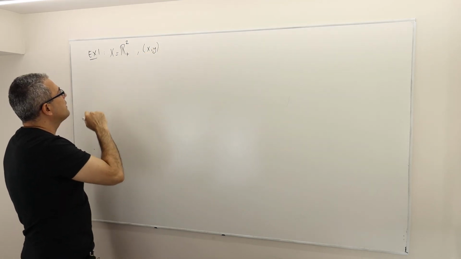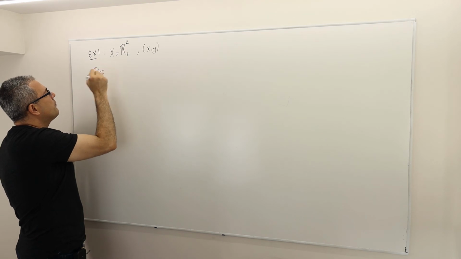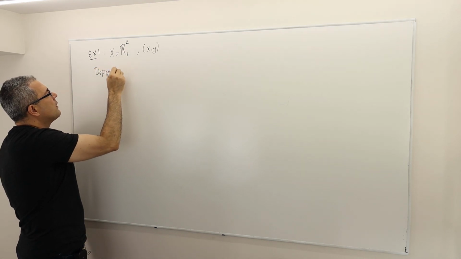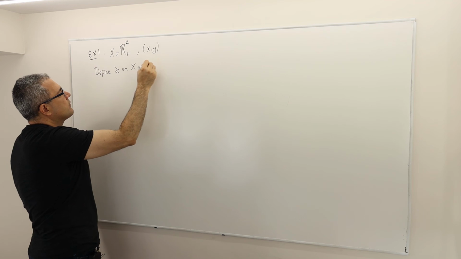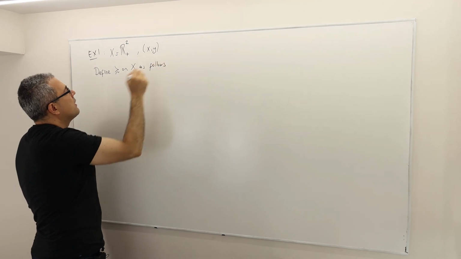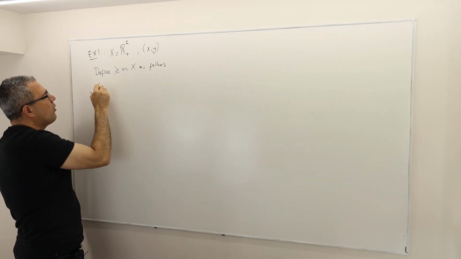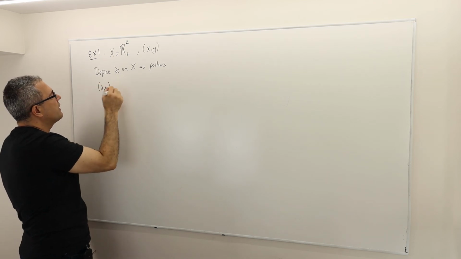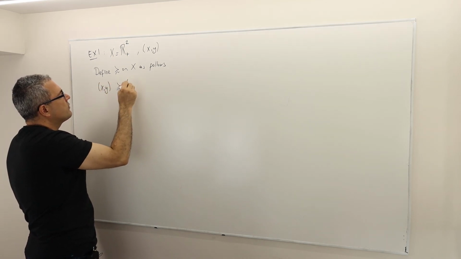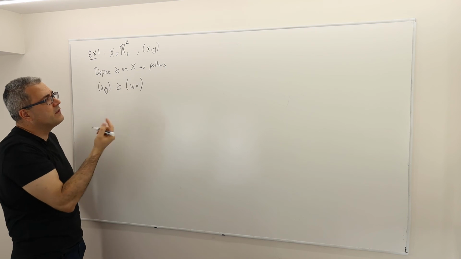I'm going to define the following. Define the binary relation on X as follows. A bundle, I'm going to call them bundles rather than alternatives, (x, y) is at least as good as (u, v). (u, v) is another bundle.